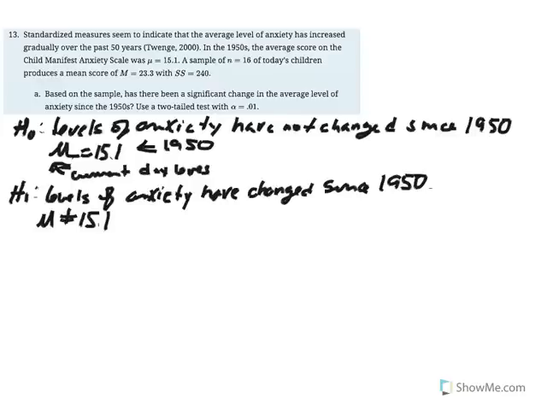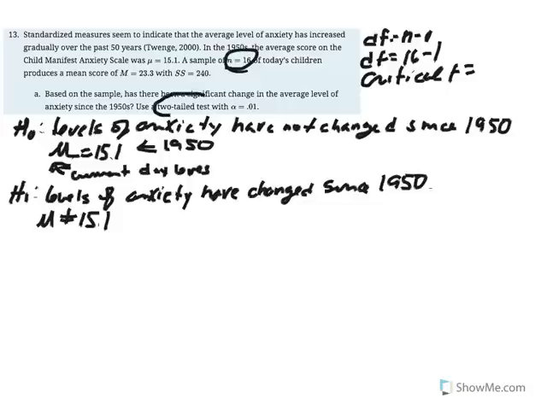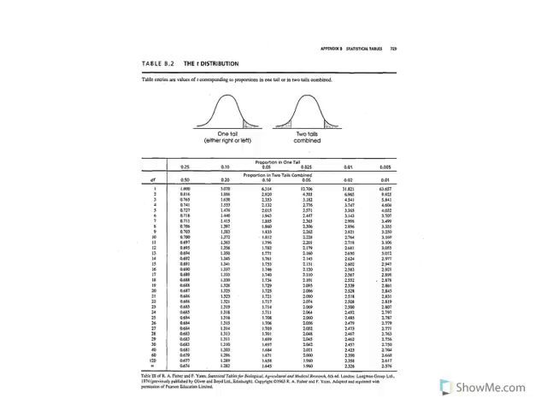So let's figure out what our critical T is equal to. Our degrees of freedom will equal n minus 1. And our sample size is equal to 16. So degrees of freedom will equal 16 minus 1. We're going to identify critical T. And again, we're using two-tailed test with alpha equal to 0.01.